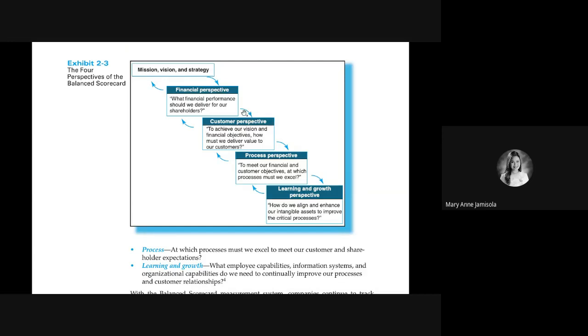How do we retain customers? How do we add new customers? How do we satisfy our customers and so on? Then process perspective. So in order for us to achieve our financial and customer related goals, what do we need to change from the inside?